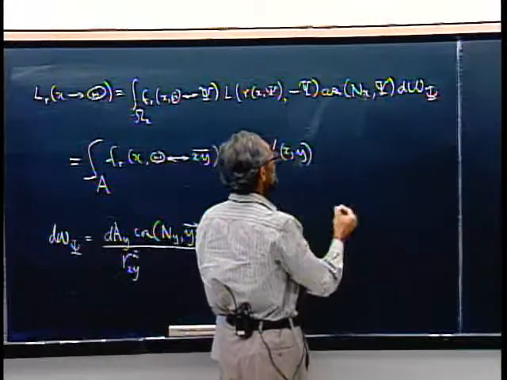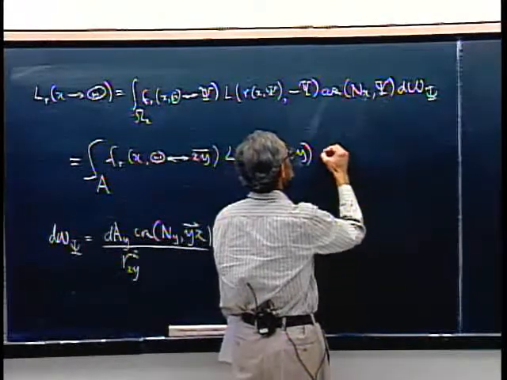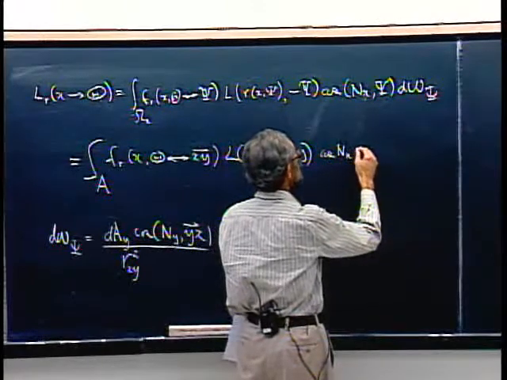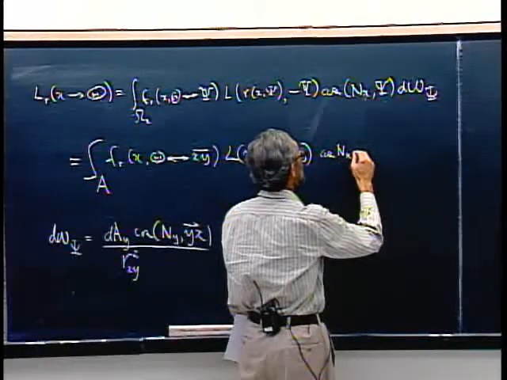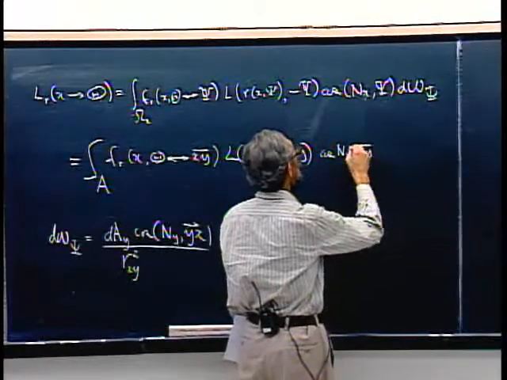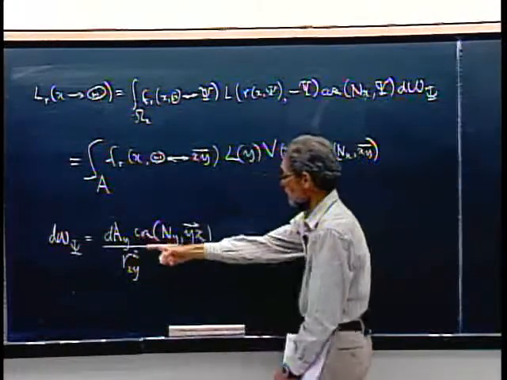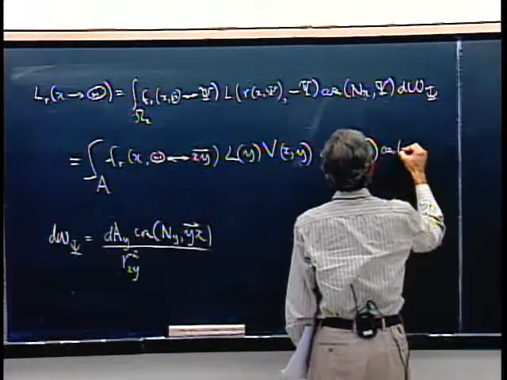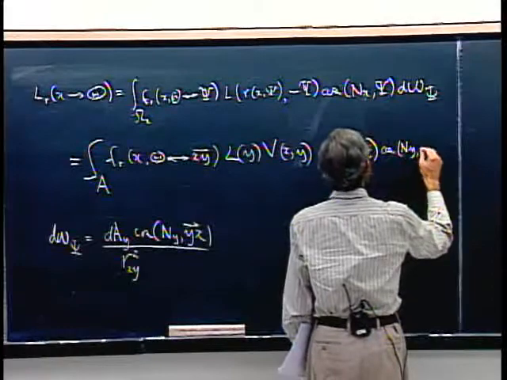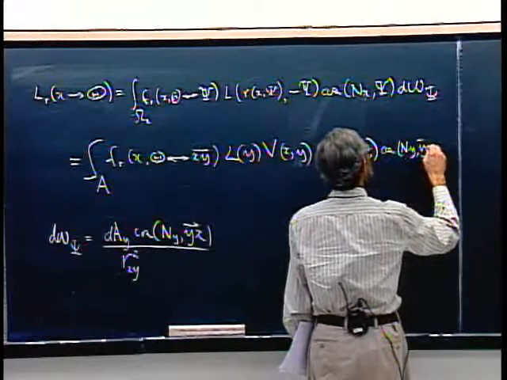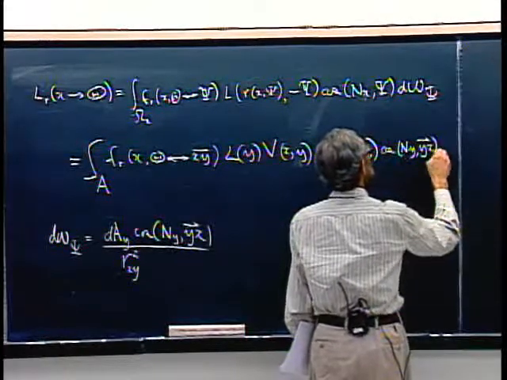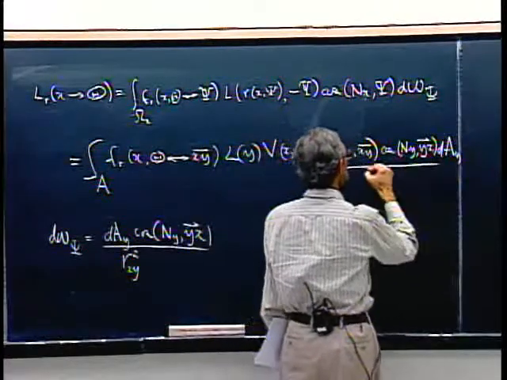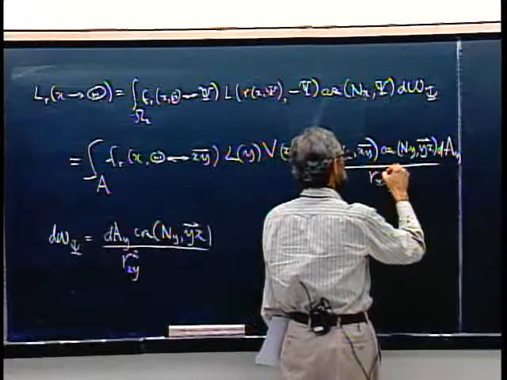Then we have a factor that depends on these cosines. This is cosine nx, and this is the vector xy. And then if I copy these terms here, cosine ny, and the direction y to x, and then dA at y divided by rxy squared.